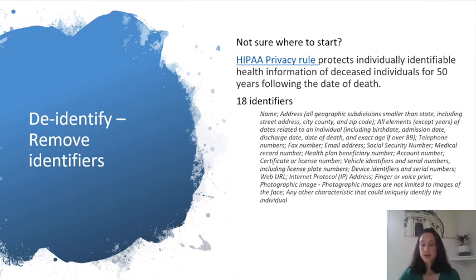So the first step with statistical disclosure limitation is to de-identify the data, remove identifiers that we know to be identifiers. And if you're not sure where to start, the HIPAA privacy rule protects individually identifiable health information, and it specifically lists out 18 identifiers that, if you collect this data in a survey, you must remove from any public or accessible or shared version of the survey.